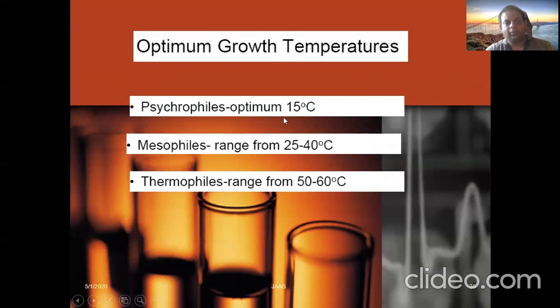For psychrophiles, the optimal growth temperature is around 15 centigrade or less. Mesophiles, most of the bacteria that act on us, range from 25 to 40 centigrade, while thermophiles are 50 to 60.